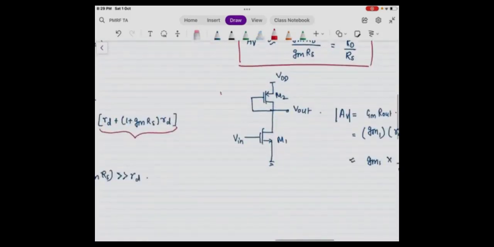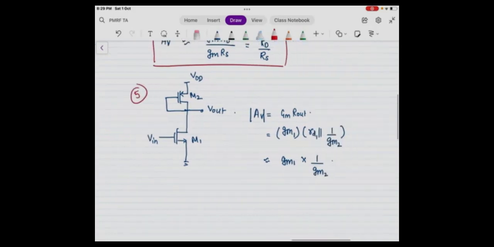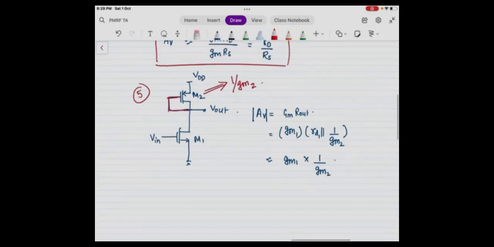Now the fifth can be this diode connected load, and the diode connected load always has a resistance of 1 by GM2. I think we have seen this in one of the classes. Now this VIN on M1 is going to cause GM1 VIN.